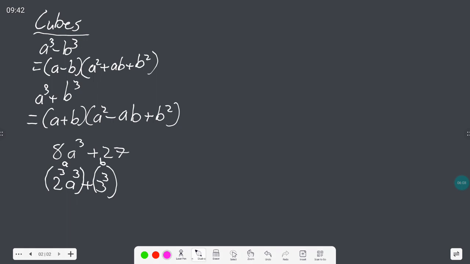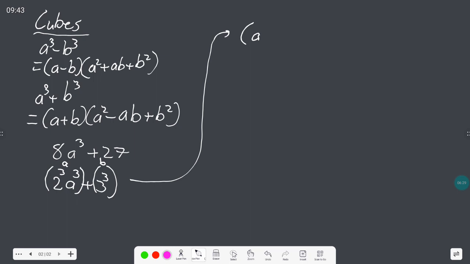So if I expand it, if you can do your first bracket, the rest are a lot easier. So I know it's positive, so I will be using the positive formula.